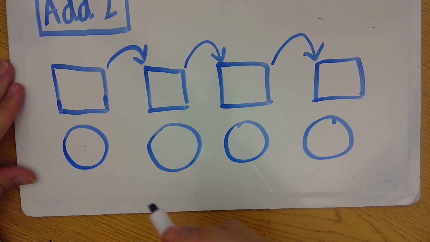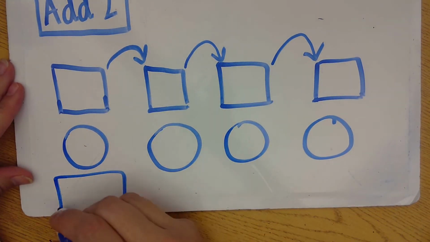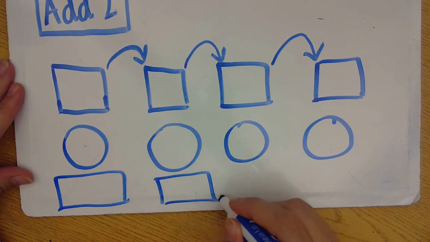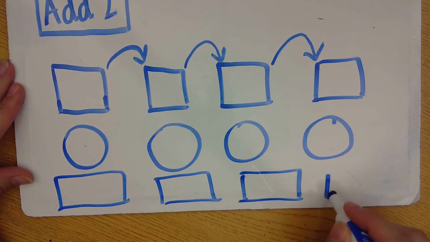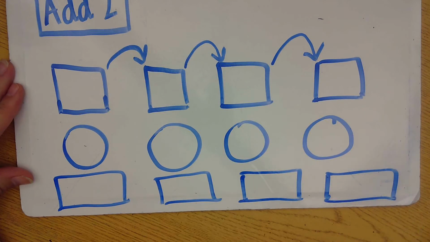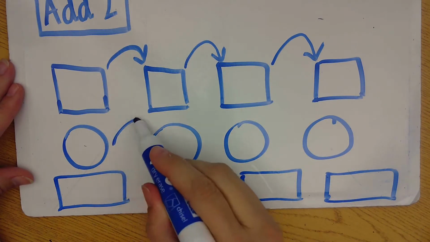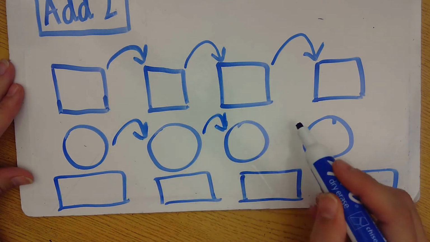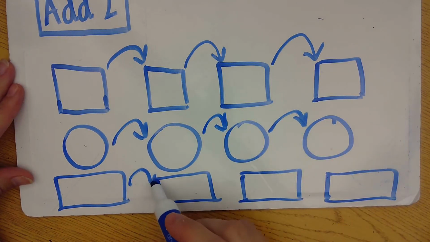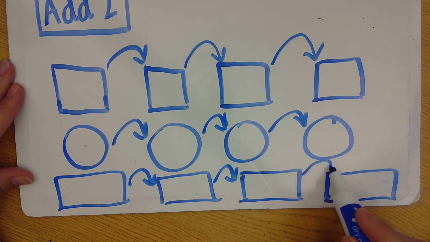They could be rectangles. Any shape could be a frame. So if you see a bunch of shapes like this that are in a row and there are arrows pointing from one frame to the next, those are what we call frames and arrows.